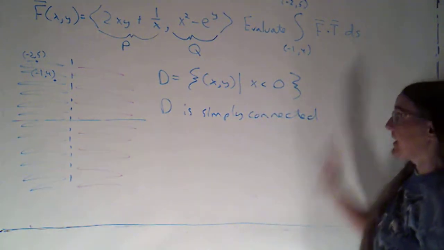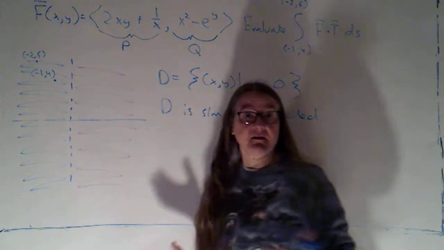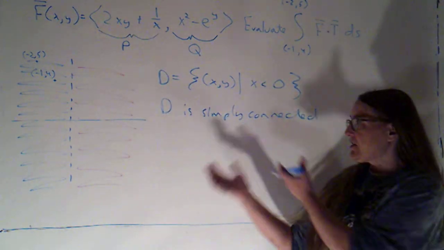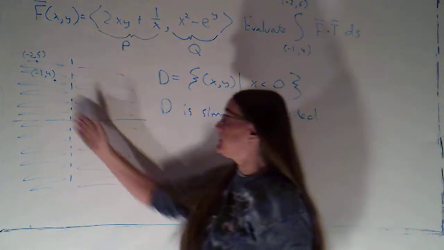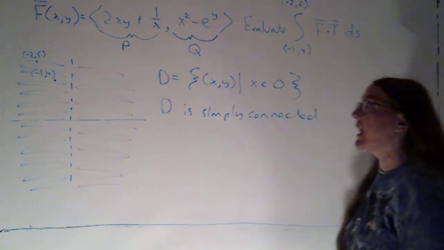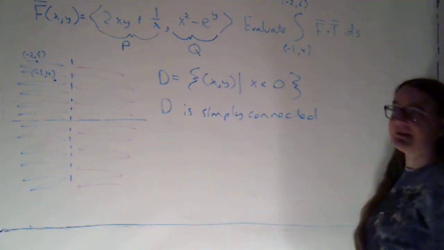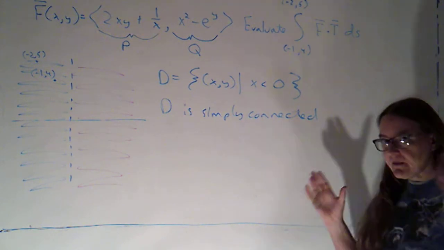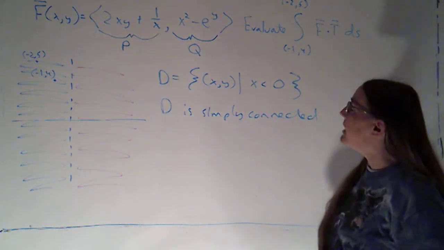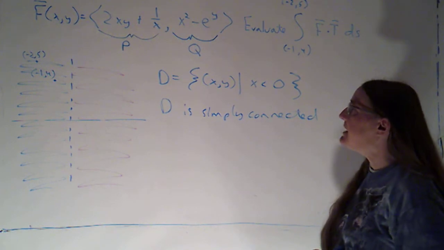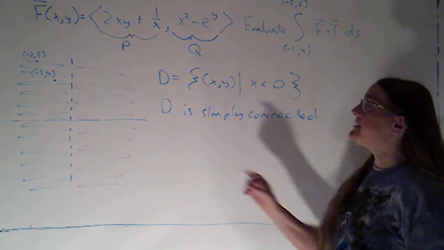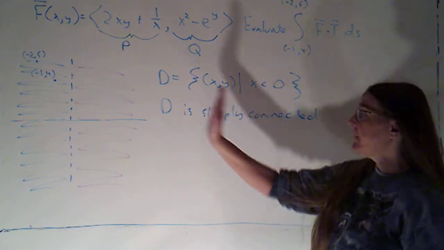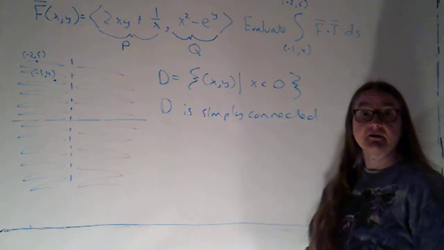Now, the right-hand side is also simply connected, so I could make that argument, but I'm not working on the right side. I'm working on the left side, so I'm going to go ahead and say that the left side is simply connected. And now, if I can show that this equation of some partial derivatives being equal is true, then I'll be able to say that F is conservative on this region D, which is the left half of the plane.